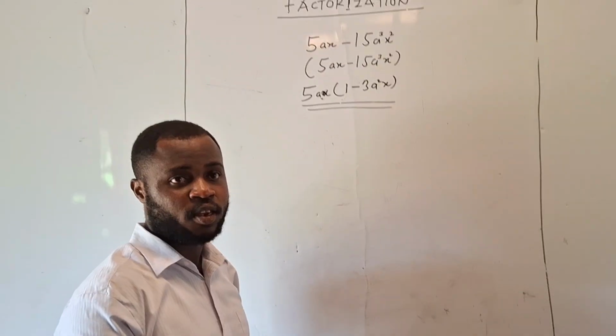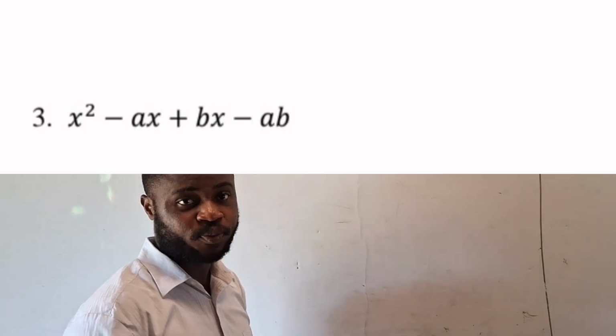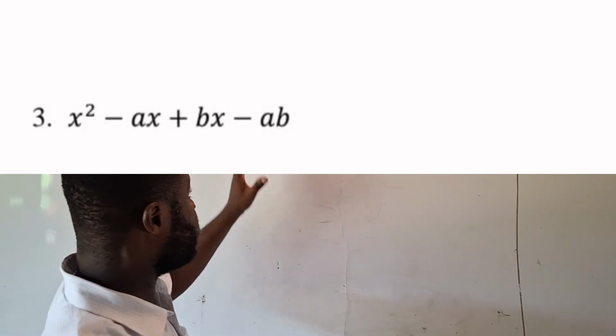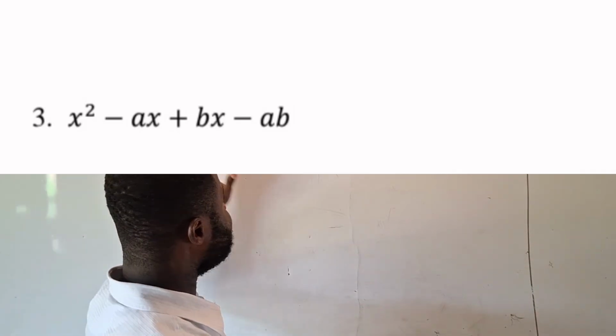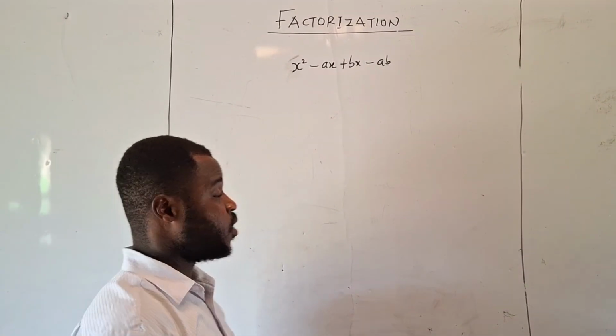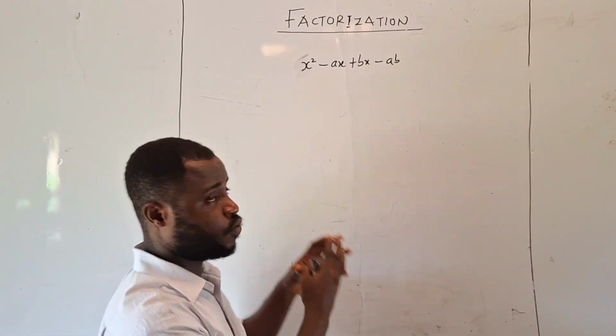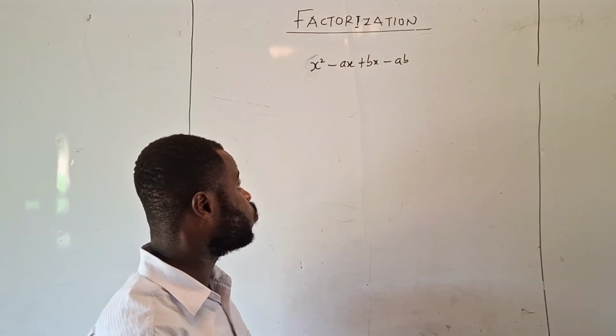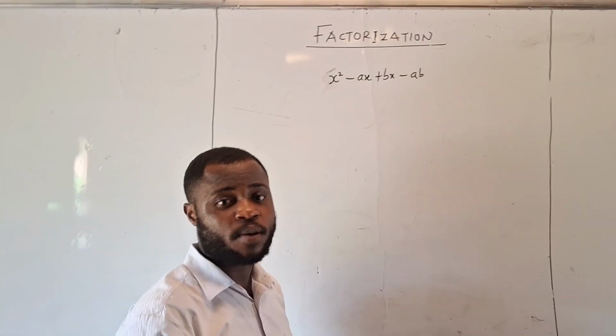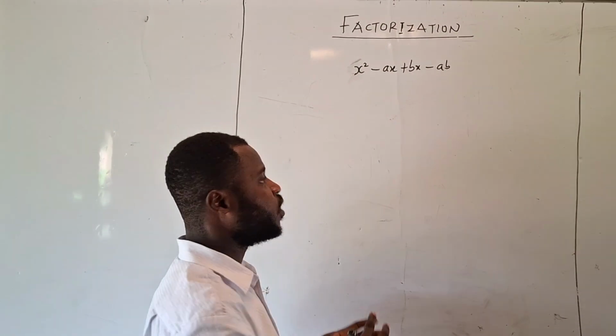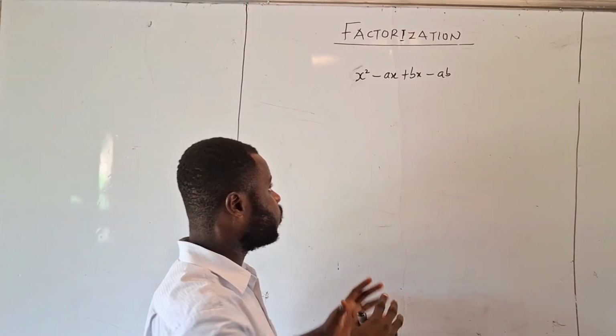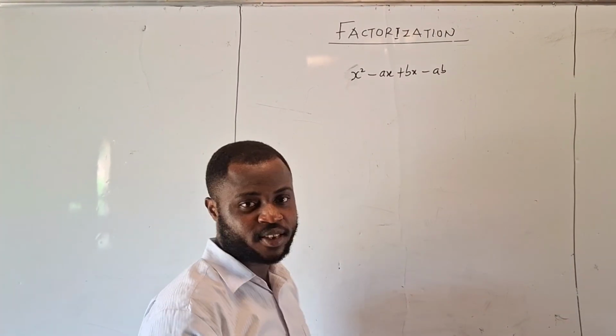So let's take the other question. We have to factorize this completely. When you look at it, it has 4 terms. When you see any expression having 4 terms and you are asked to factorize, we use the method of grouping. You group them in 2s and you factorize it.